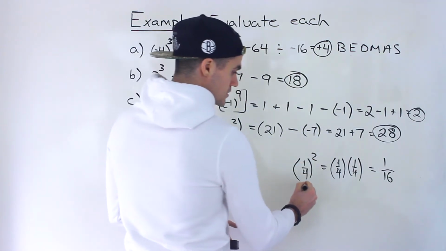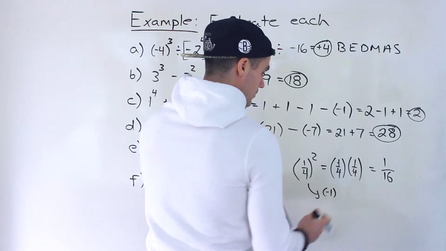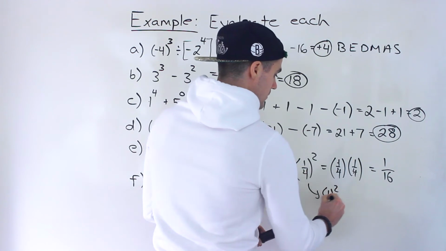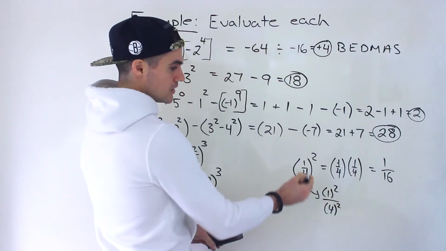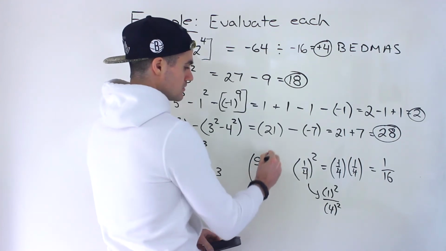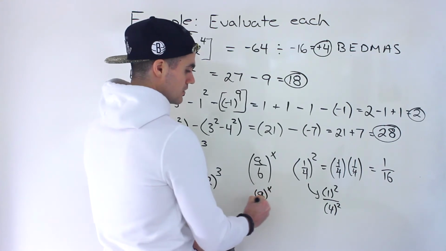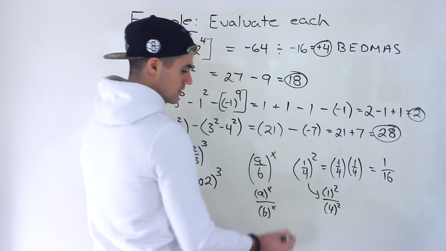Another way to do this is you could take the numerator, or sorry, it's not negative 1, it's positive 1 to the power of 2 over the denominator, right? Just in general, if you have a fraction to the power of something, you could take the numerator to that power, and you could take the denominator to that power.